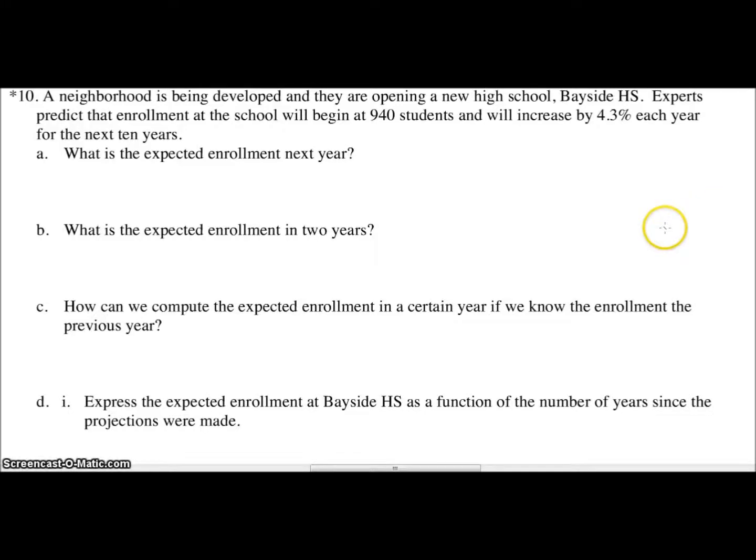Okay, so here I want to just notice something. We're increasing by 4.3% each year. So what will the expected enrollment be next year? I start with 940. I'm going to increase by 4.3%, so I'm going to add 4.3%, which is 940 times 0.043.